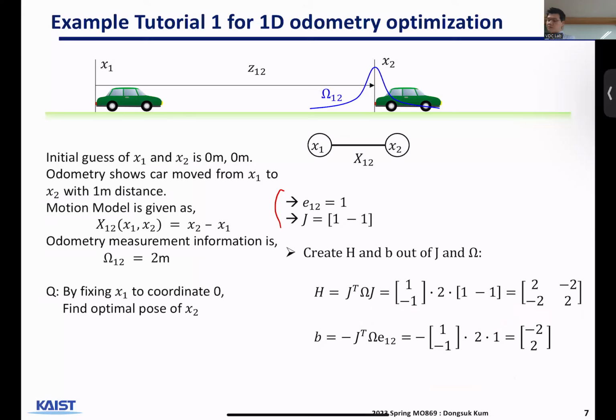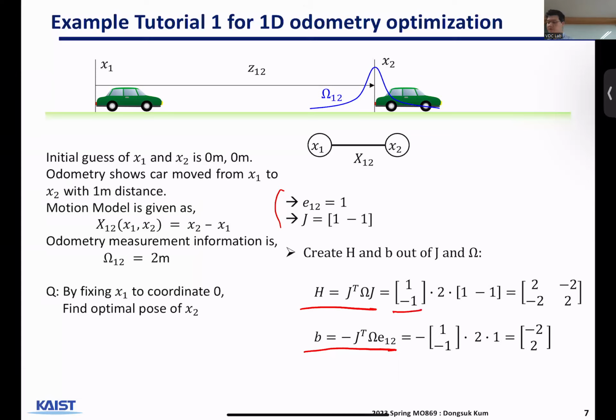And then we need to compute H and B now, where H is Jacobian transpose omega J, B equals minus J transpose omega E12, where we computed E12 and we know J, we know the information value or uncertainty. So we have everything to compute, right? So just plug numbers in.